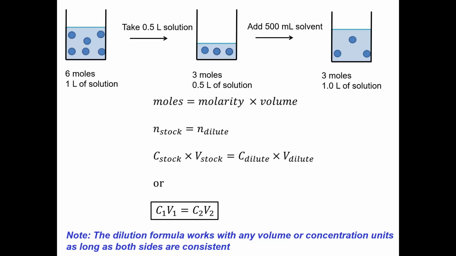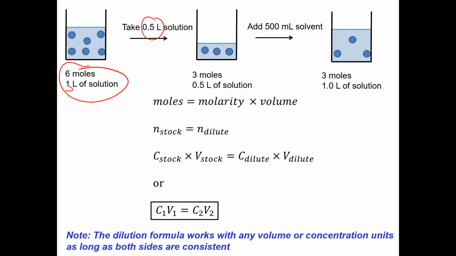The third big type of calculation that we'll need to master is what's called a dilution calculation. In a dilution, we take a solution that has a particular concentration and take a small part of it. I've got 1 liter here and I'm going to take half of it.